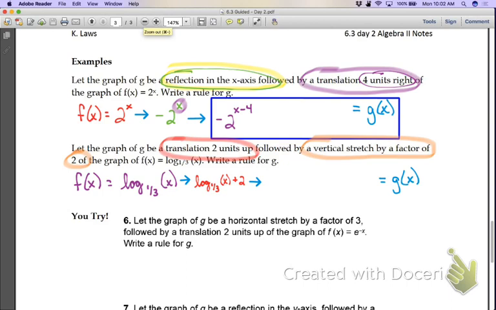So if we go 2 log base 1/3 of x, is it going to be a plus 2 or a plus 4?